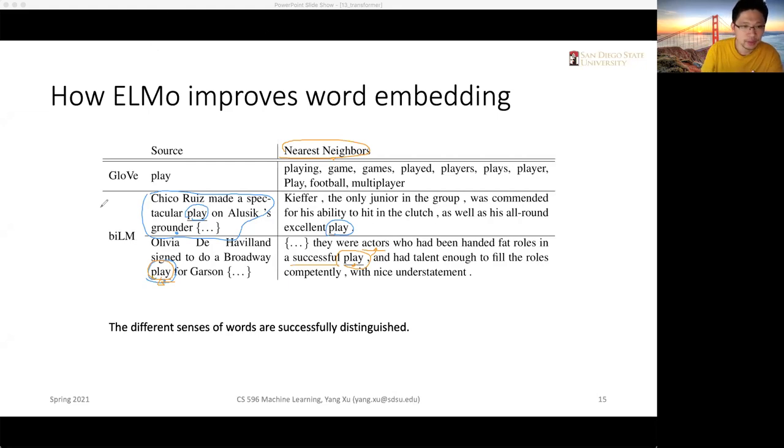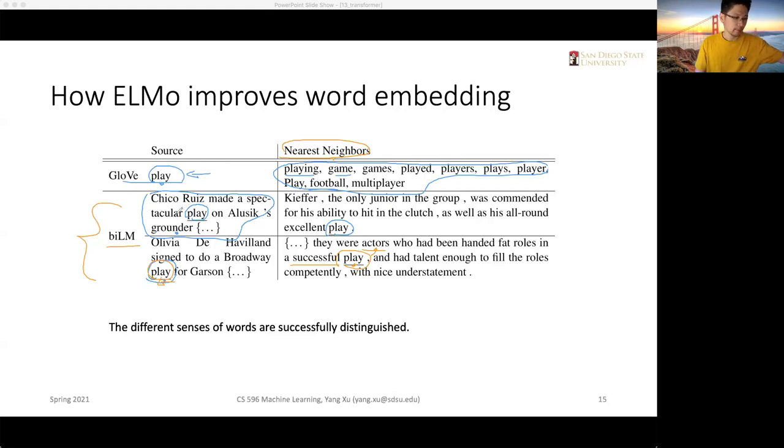So this can be achieved by the LSTM, by the ELMo model. But for the same task, if we only use the GloVe vectors, which are just raw vectors, to find the nearest neighbors of the word play, we can see that a lot of those words are mixed together, because it doesn't distinguish the football playing, the musical play, or the sports play, or whatever other plays there are.